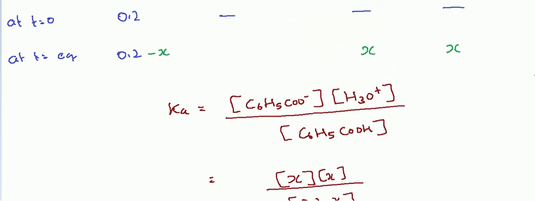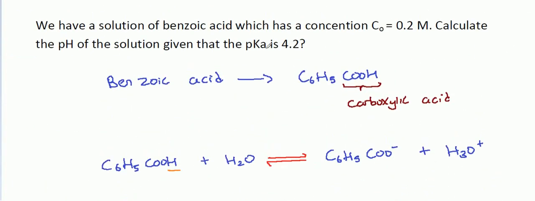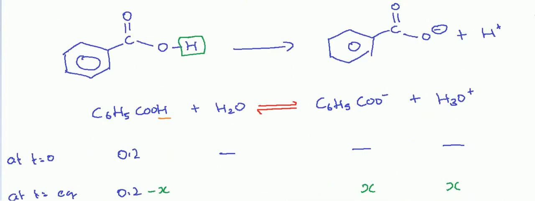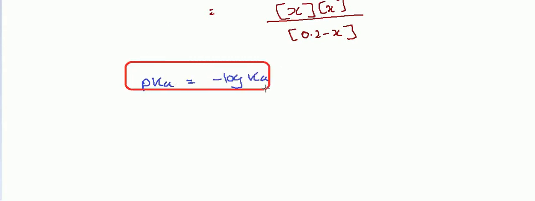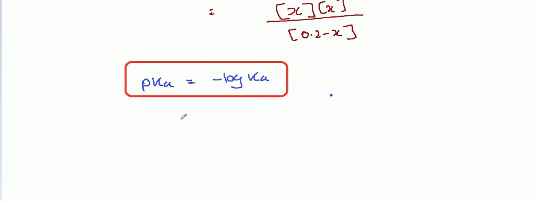Now, as you can see here, we have the Ka, but in the question we have the pKa. It is very easy to change from pKa to Ka. So we have the pKa is equal to negative log of Ka. This is something that you need to know. pKa is equal to negative log of Ka is equal to 4.2.